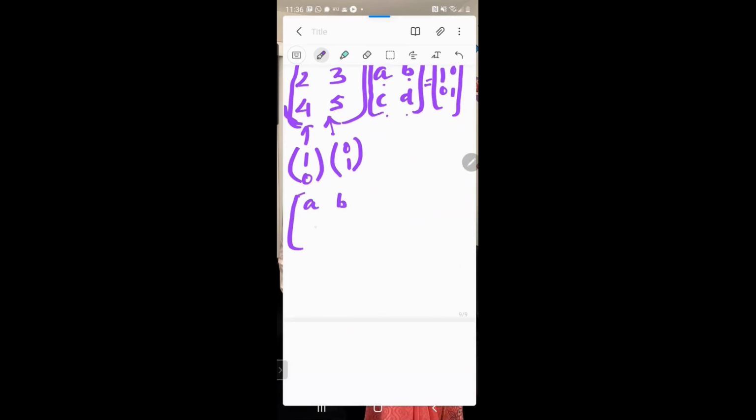So if I had a matrix A, B, C, D, what would its inverse be? So let's say my inverse is alpha, beta, gamma, delta. After multiplying, I want 1, 0, 0, 1.